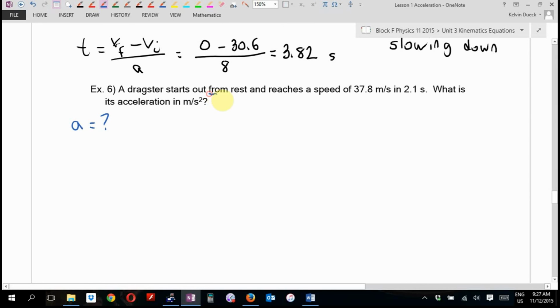I would probably underline the word from rest, because I think that tells me which V. What's that, 37.8? What final? V final.